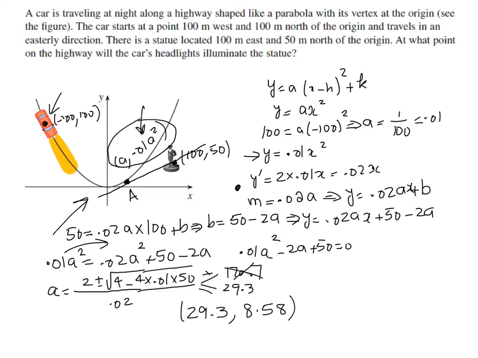So this means when the car reaches 29.3 east of the origin here and is 8.58 kilometers north of the horizon, then the headlight is going to illuminate the statue.